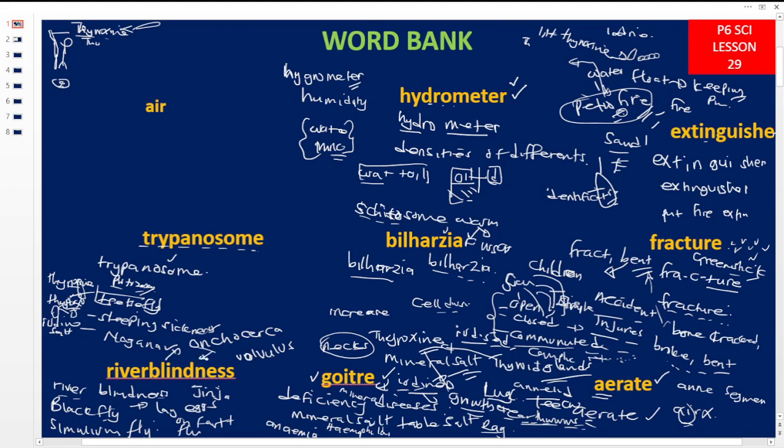Again, there is this common question in exams: the difference between river blindness and night blindness. They bring that night blindness is caused by lack of vitamin A, whereas river blindness is caused by Onchocerca volvulus. Or you can tell us that river blindness is a communicable disease.